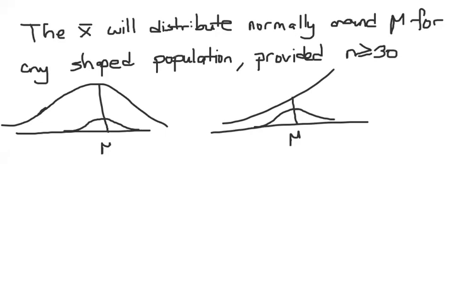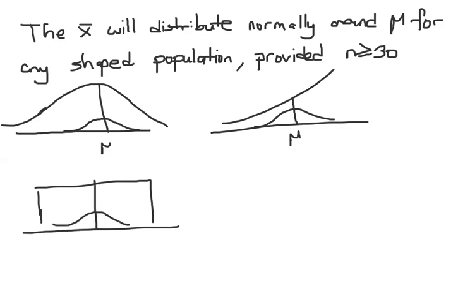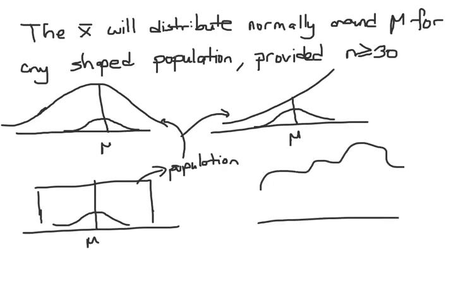So if you have a population like this, you can find the X bar distribution over here. This is my population. This is the population also. If you have a population of this shape, you can still have a normally distributed X bar, provided n is greater than or equal to 30.